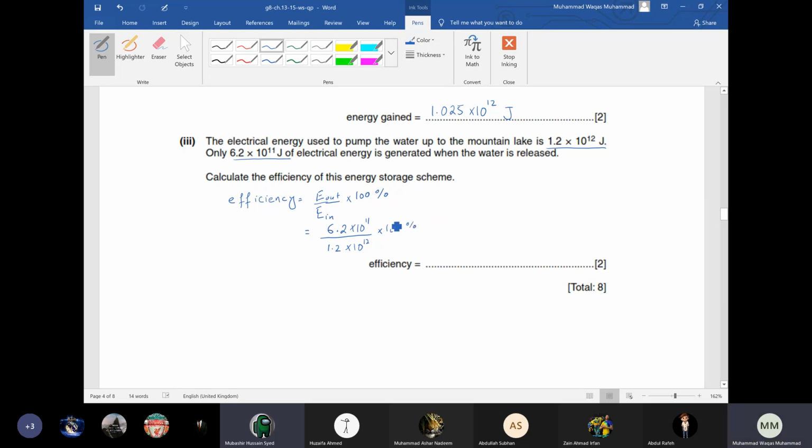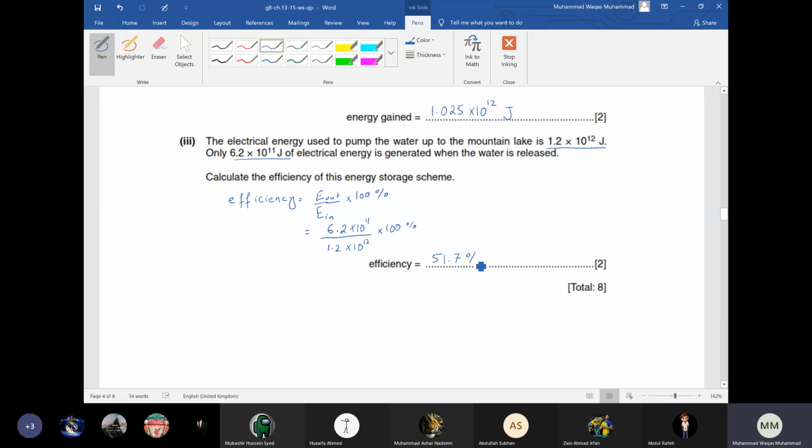Okay, so beta, when you solve this, what do you get? Answer is 51.6 or 51.7. I guess the answer is 51.6666, something like that, right? Yes, sir.